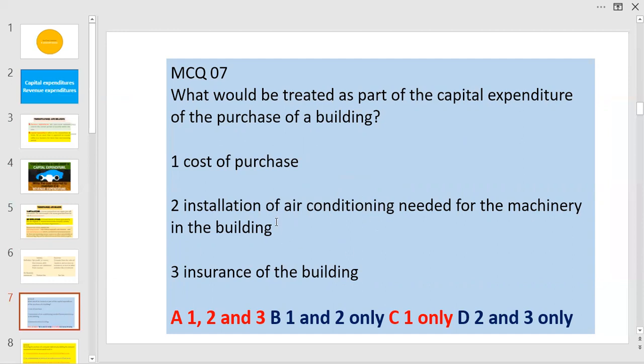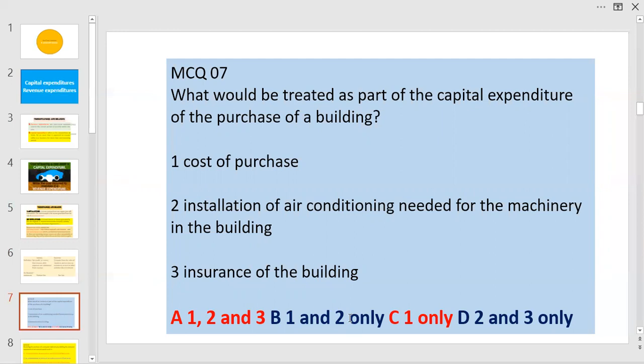So this is obviously an improvement of the building and the utility value of the building goes up. Therefore, this is also a capital expenditure. 3. Insurance of the building. This is a revenue expenditure as it is relevant only for the insured period. Even if it exceeds 1 day, it will get expired. Therefore, the answer is 1 and 2.